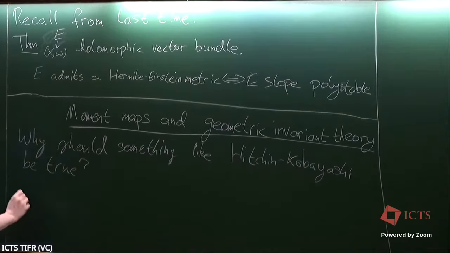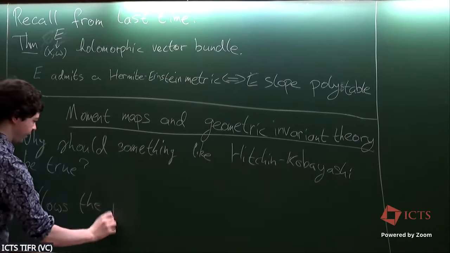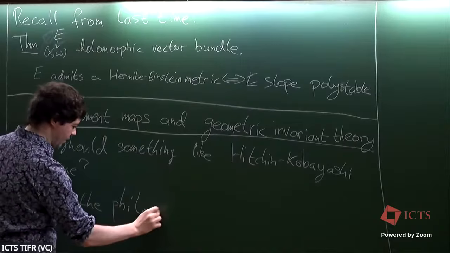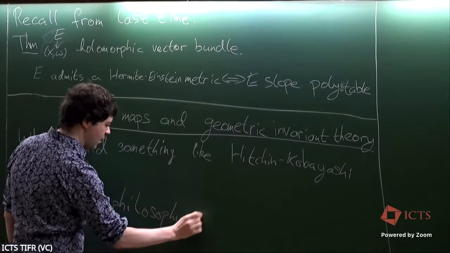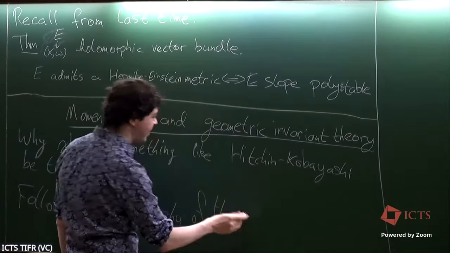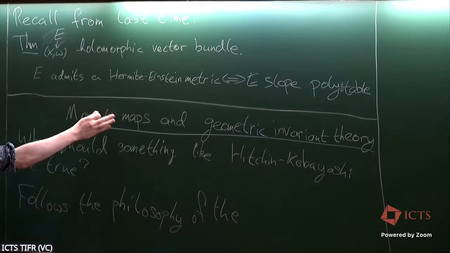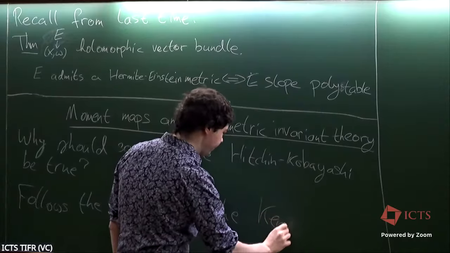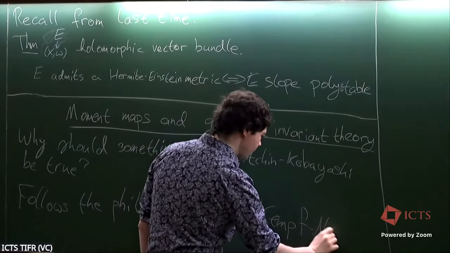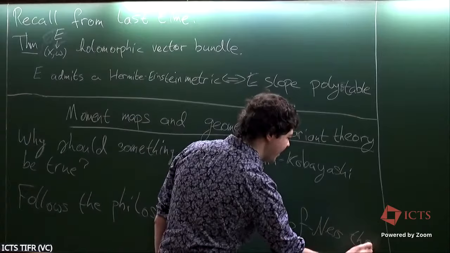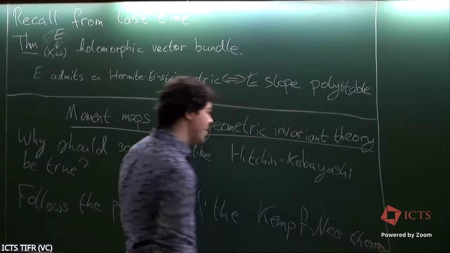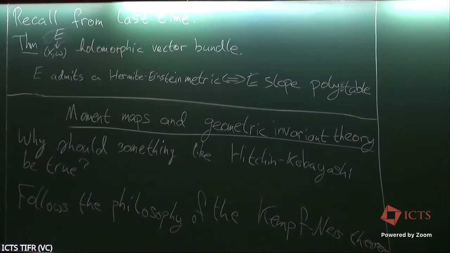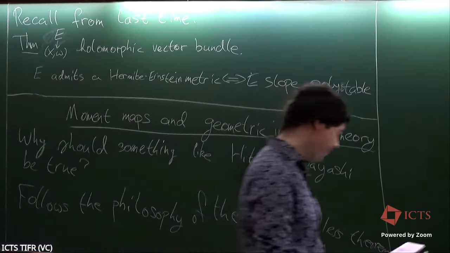So it follows what I'll call the philosophy of the Kempf-Ness theorem, which connects these two different parts here, moment maps and geometric invariant theory. Essentially, the Kempf-Ness theorem is a theorem equating two different types of quotients. It's the quotient theory in Kähler geometry and the quotient theory in algebraic geometry.